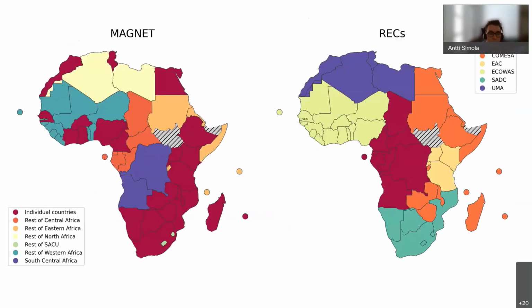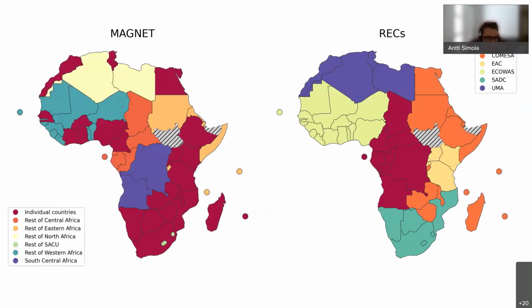Because there's considerable regional variation within Africa, we aim to have as much regional detail as possible in the model. These two maps summarize the regional aggregations we used. On the left-hand side, we see the regional aggregation of the model simulations.